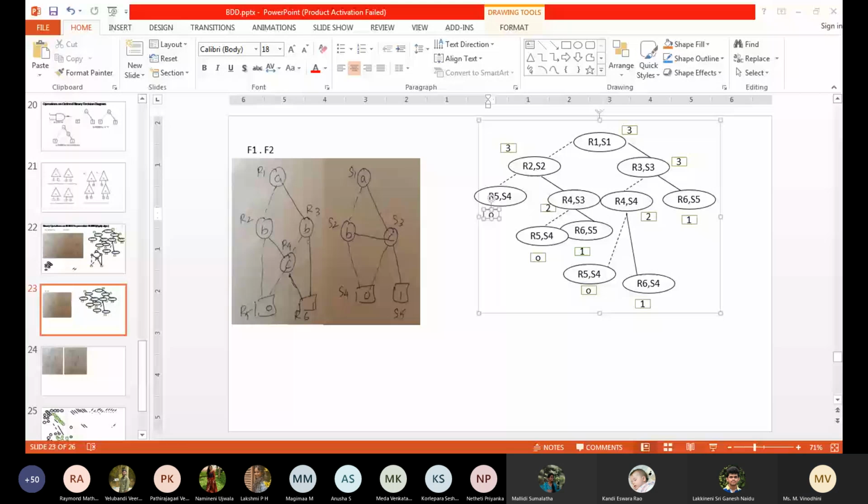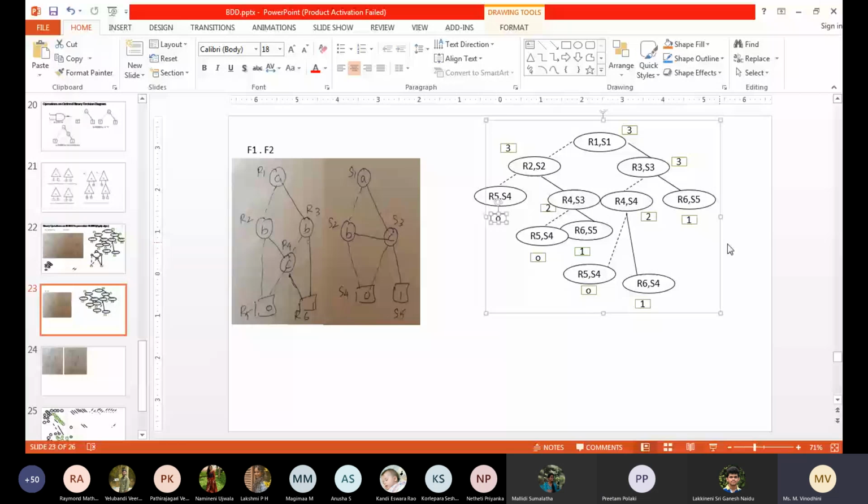That will be R5 is 0, ma'am. R0. So R5S4, this also will be 0. R5S6? R5S6 will be 0, ma'am. Okay.